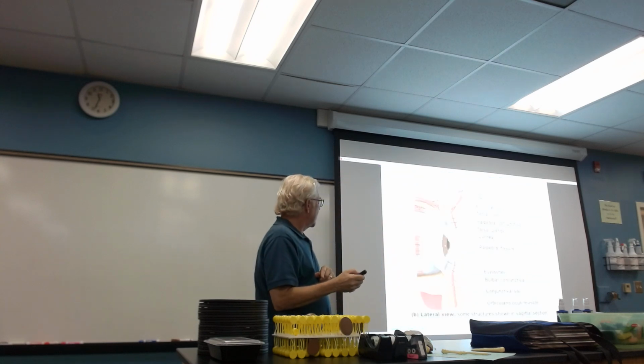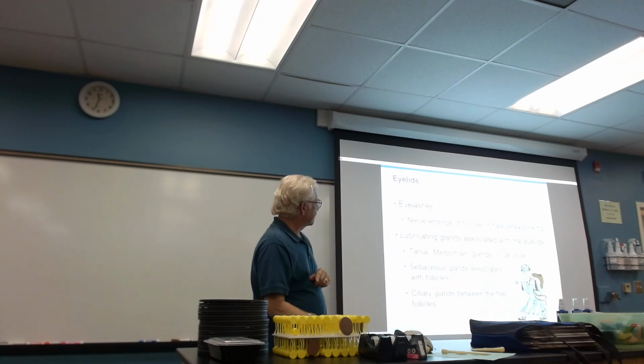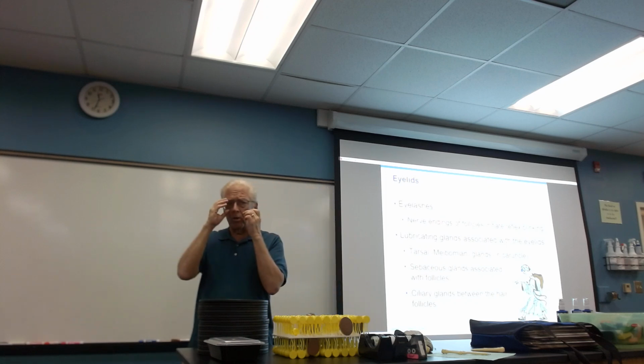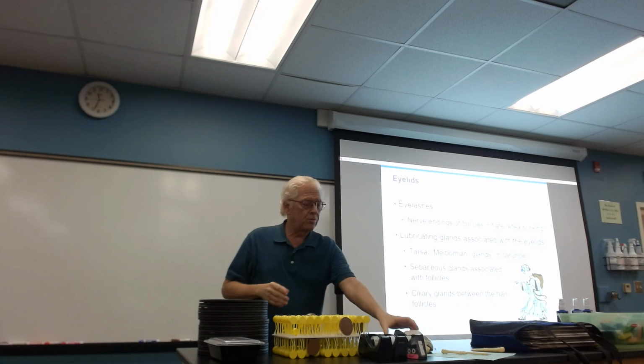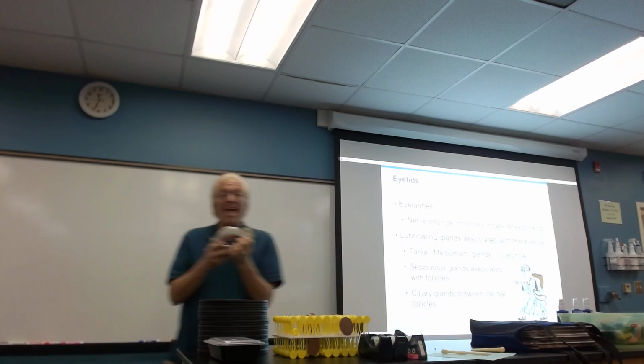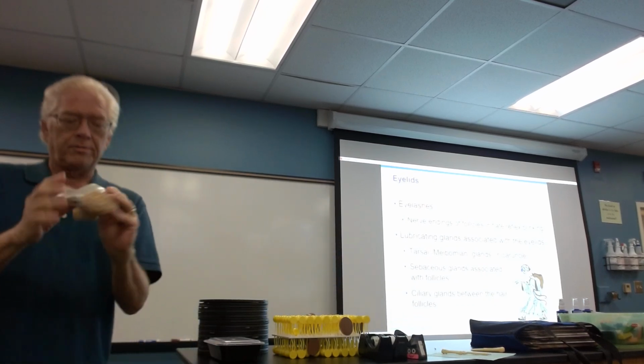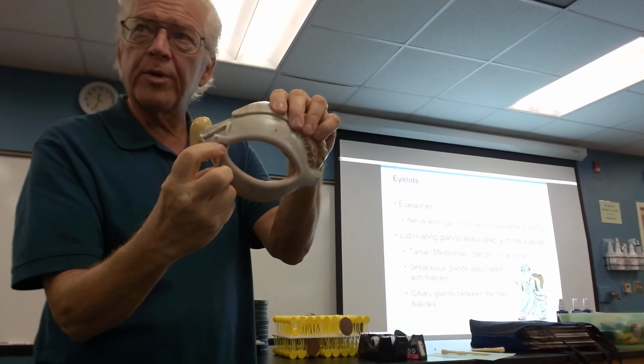Okay. Now, let's go back here. That carbuncle right here, that little piece of tissue right here, it's here for a reason. So upside down. It's here for a reason.